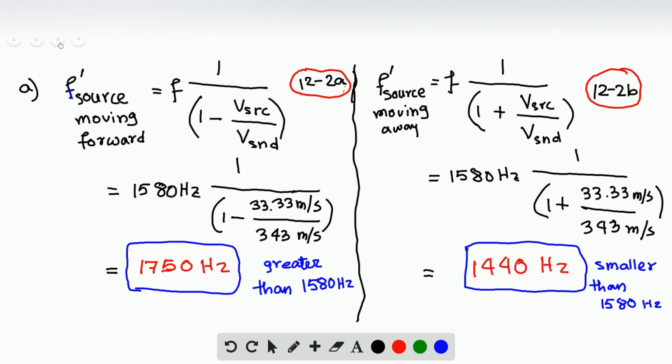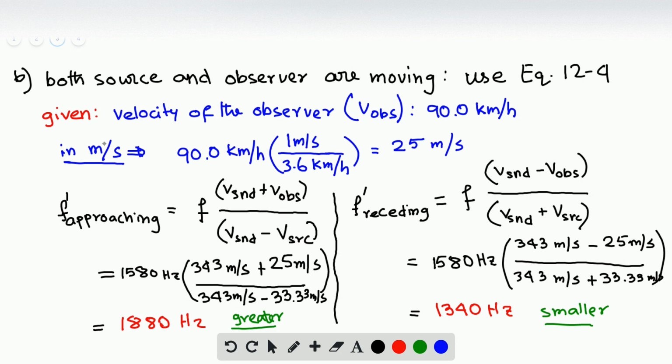Okay, for part B, both source and observer are moving, but they are moving in opposite directions.